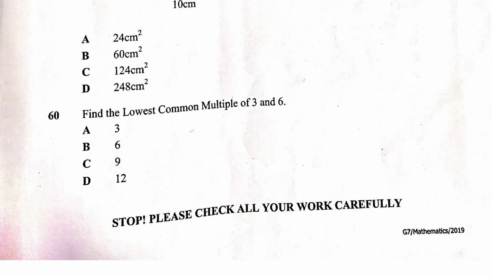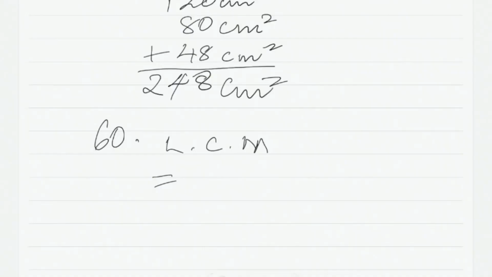We know 3 can be a multiple of 3 itself. 6 can be a multiple of 3 itself. 9 can be a multiple of 3 itself. 12 can be a multiple of 3 itself.